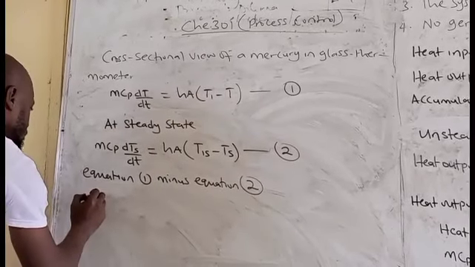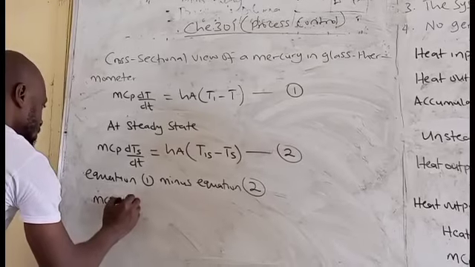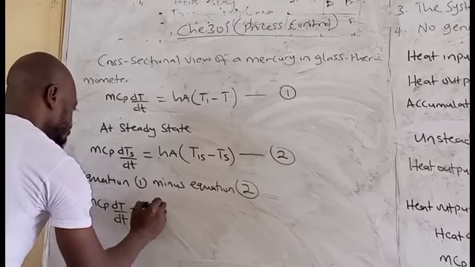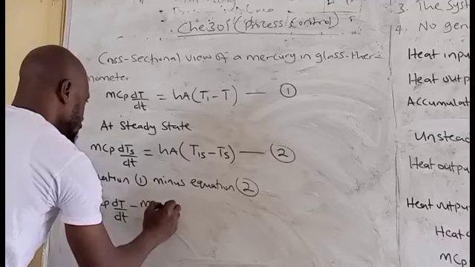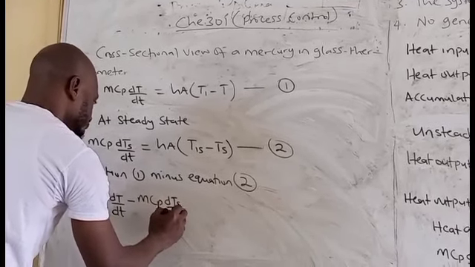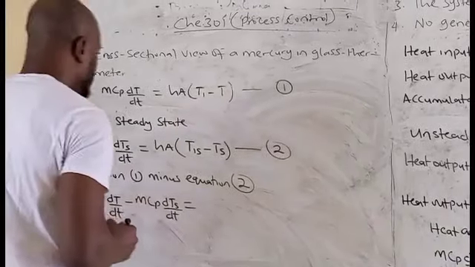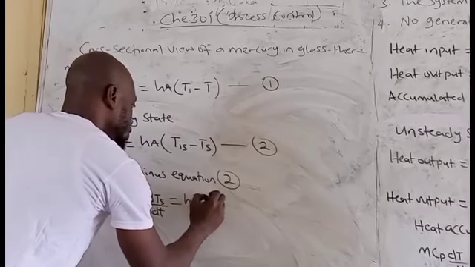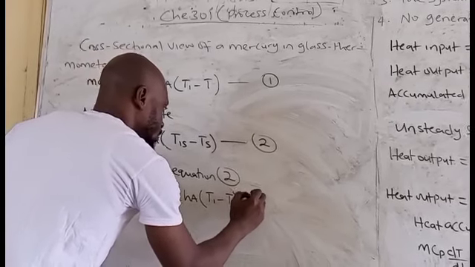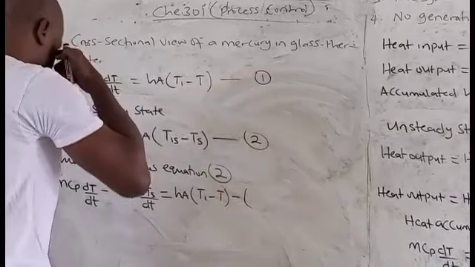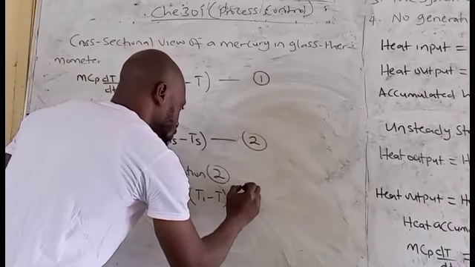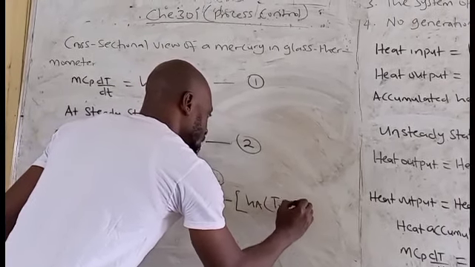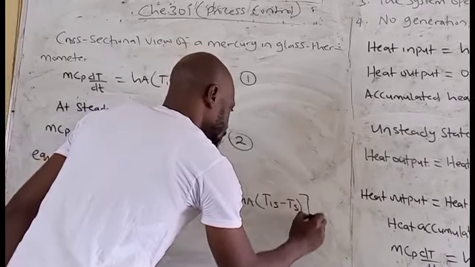My equation 1 is I have my MCP dT over dt minus, that's for equation 2, MCP dTs over dt is equal to, then equation 1 now, here I have my HA into (T1 minus T), then minus equation 2, I have HA into (T1s minus Ts). This is what I'm going to get.